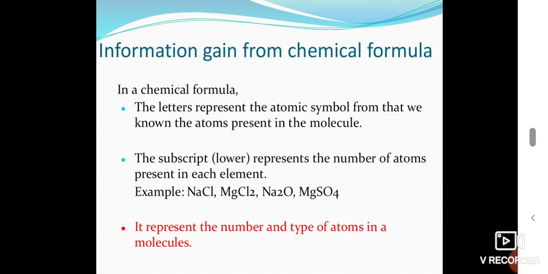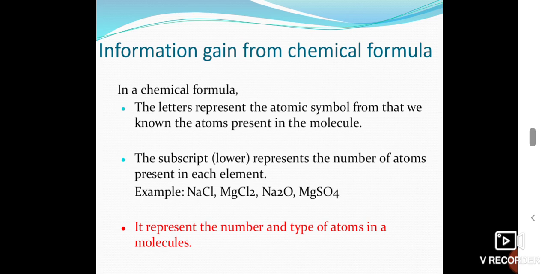Okay. So in a chemical formula, some letters are there. From those letters we can find the atomic symbol and name of an atom. By using these symbols, we can find out what atoms are present in a molecule.